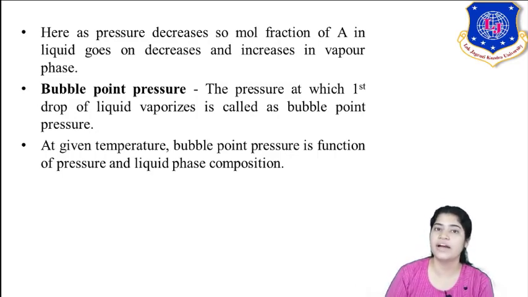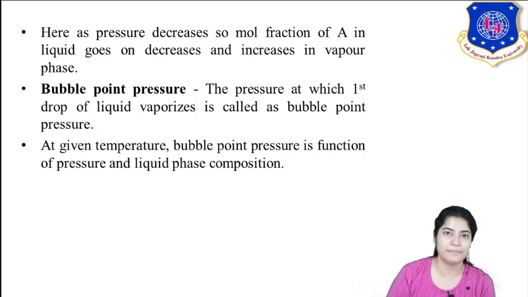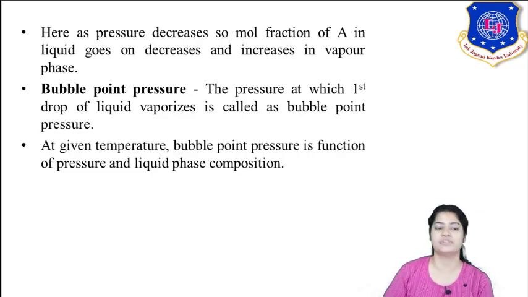Similar to what we studied about bubble point temperature: at a given pressure, my bubble point temperature is a function of liquid phase composition and the pressure of the system.